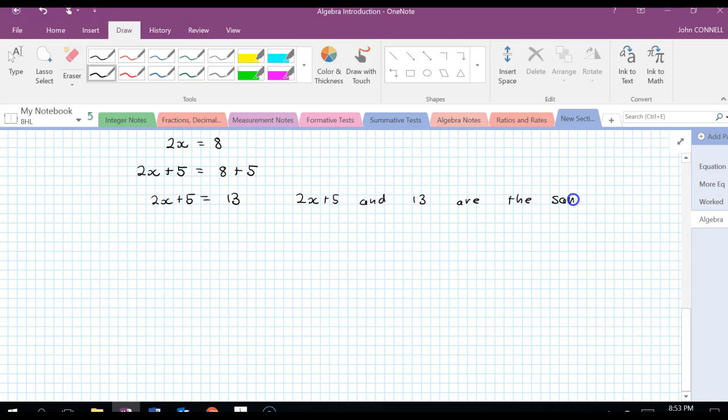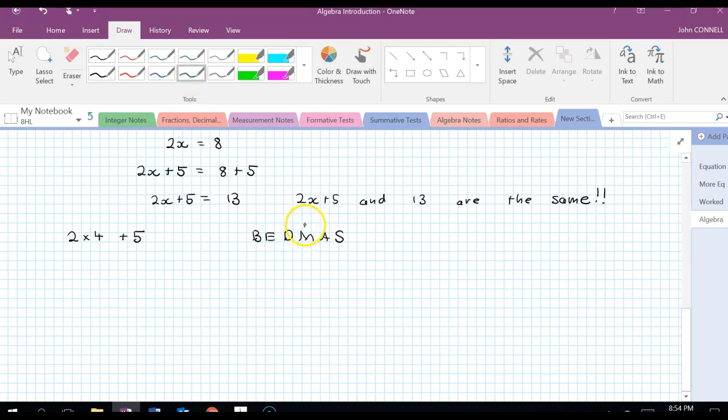So they're the same. Now if we want to think why is that true, well remember we said x is 4. So if I go 2 times 4 plus 5, well how do I do this? Well I do it via BEDMAS. BEDMAS says as I work my way down, I look at brackets, there's no brackets, I look at powers or exponents, there's none of that. Is there any division? There's no division, but there's multiplication.